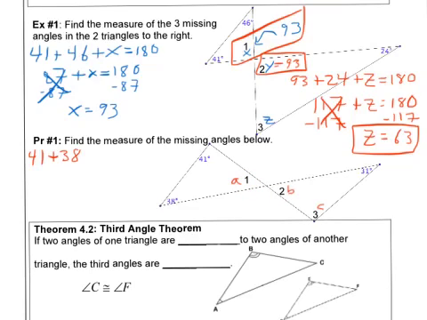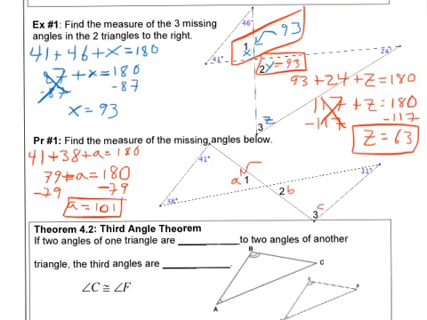So if it makes it easier, change it to a letter. So we got 41 plus 38 plus A has to equal 180. 41 and 38 is 79. 79 plus A equals 180. Subtract 79 from both sides, and we get A equals 101.